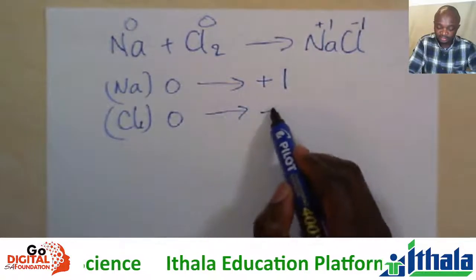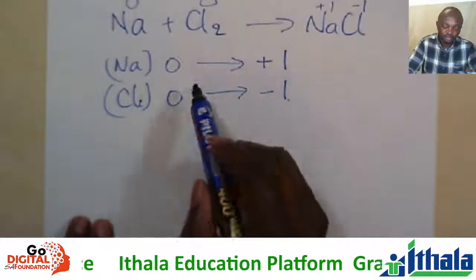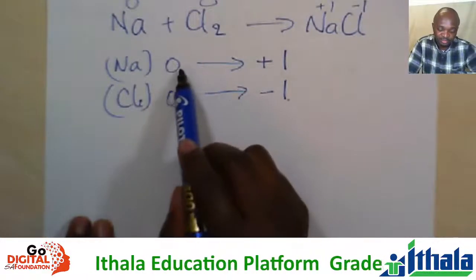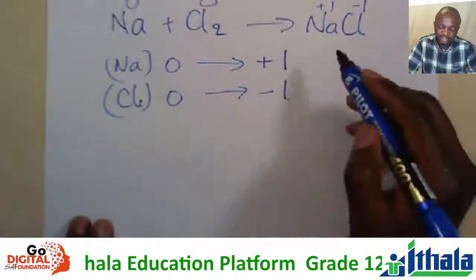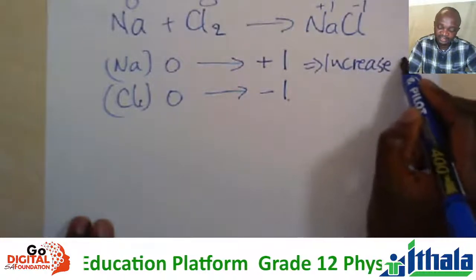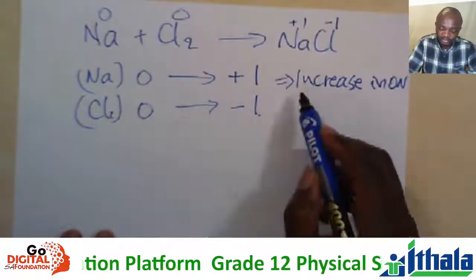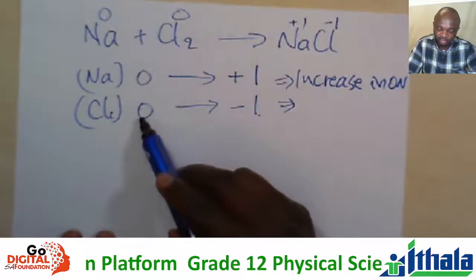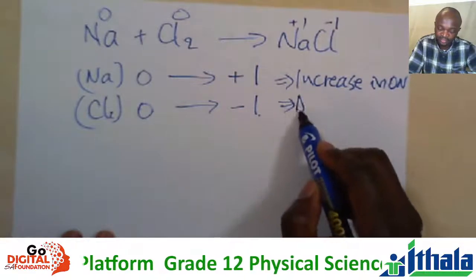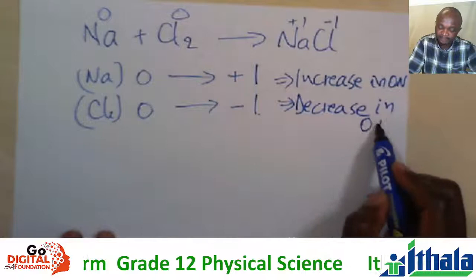After the reaction it is negative 1. Right. Here we see that the oxidation number of sodium goes from 0 to positive 1. That means there is an increase in oxidation number. Now looking at chlorine, there was a decrease because it goes from 0 to negative 1. So there is a decrease in the oxidation number.